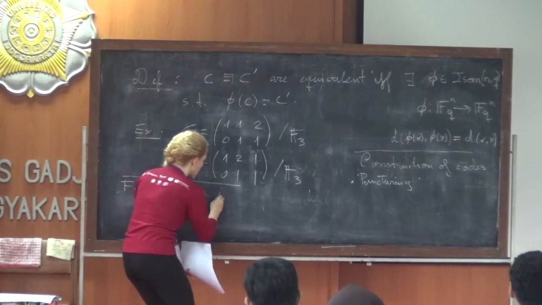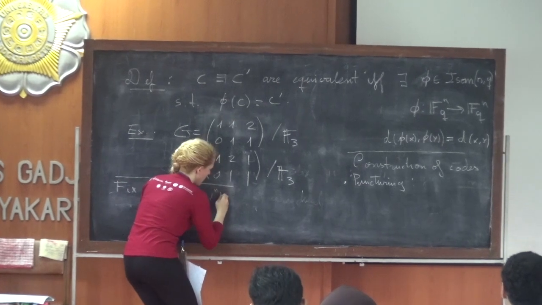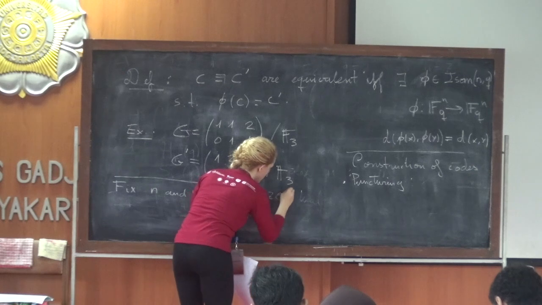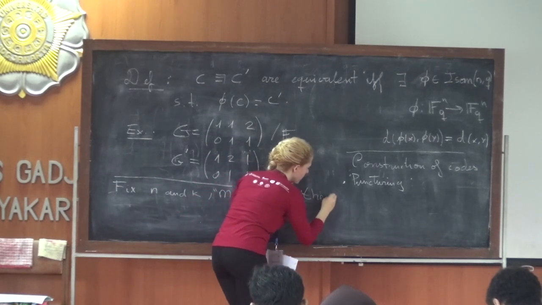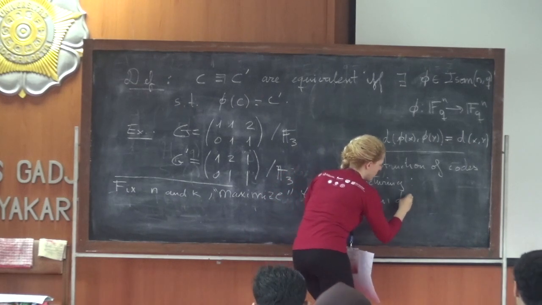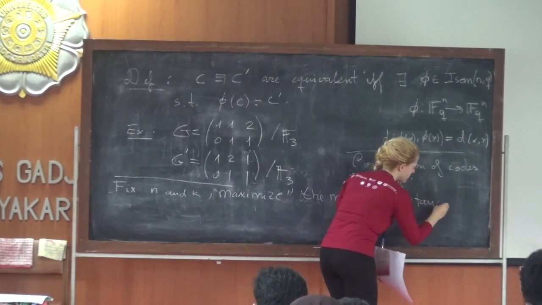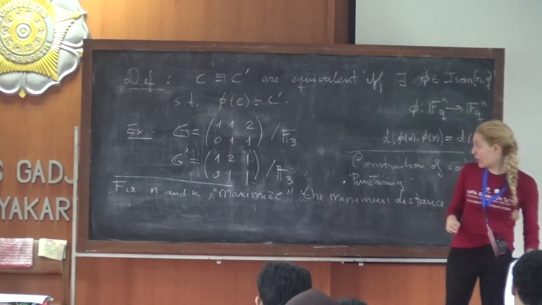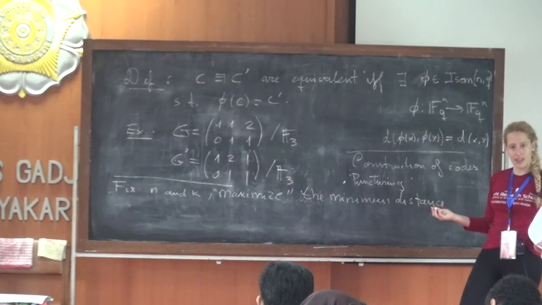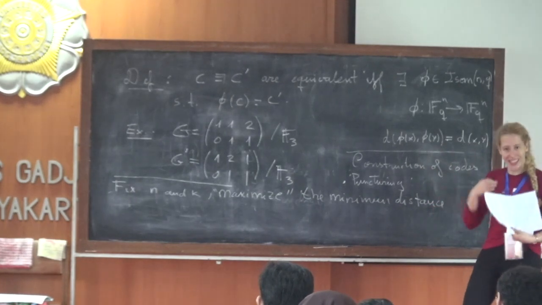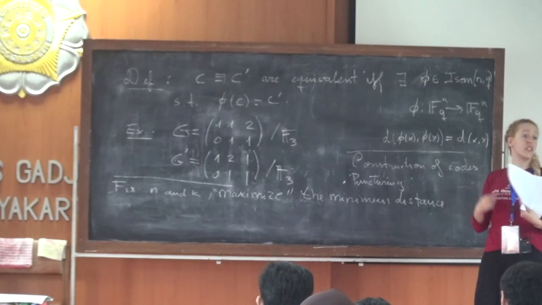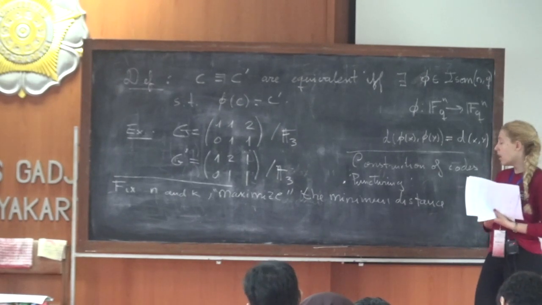So you want to maximize the minimum distance. Not only do you want to answer which is the maximum minimum distance that I can have, but you also want to be able to construct a code with these properties.